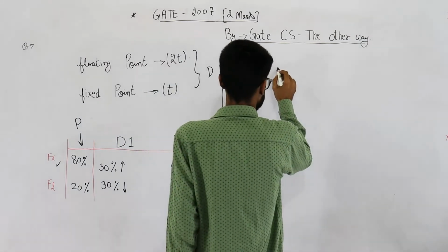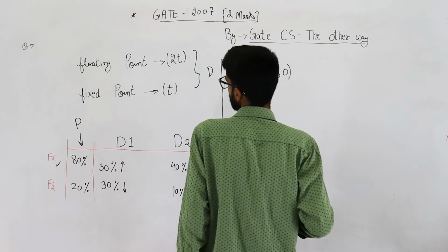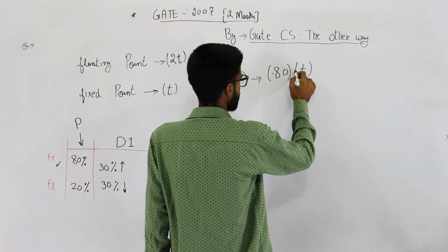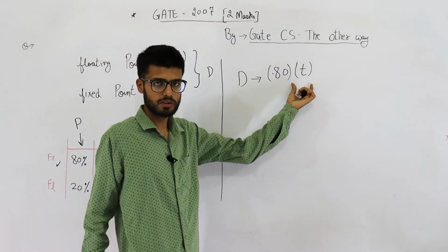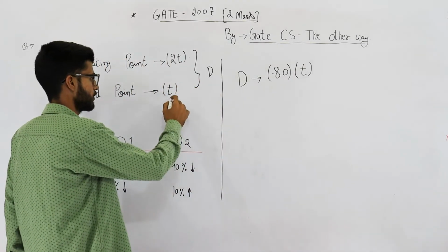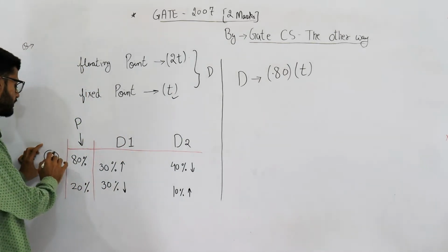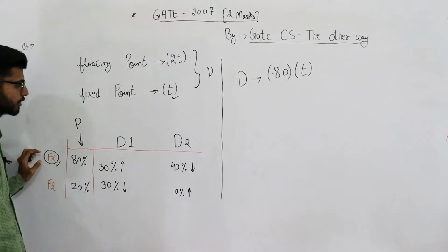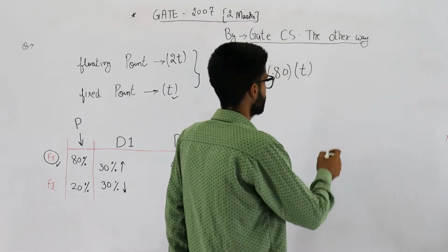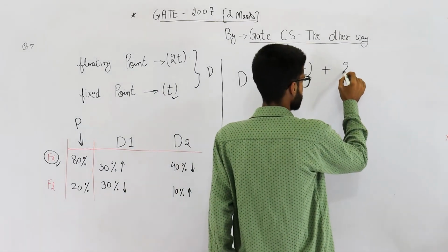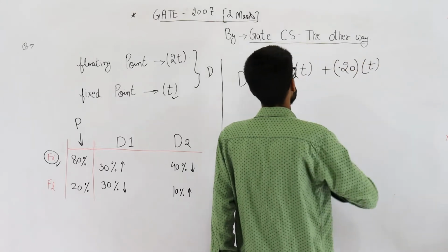That means for 80% of the times, it's going to take only t clock cycles because this is given in the question. Fixed point unit takes t clock cycles for design D. This is the program that we are going to execute on all three designs, D, D1 and D2. Then the remaining 20% of instructions are going to take 2t clock cycles.